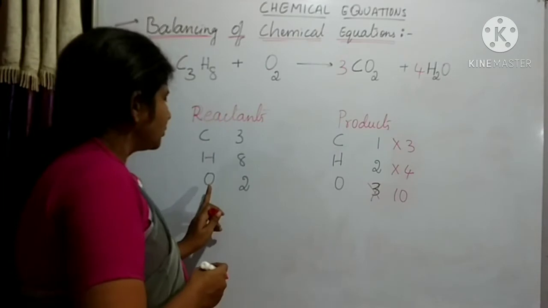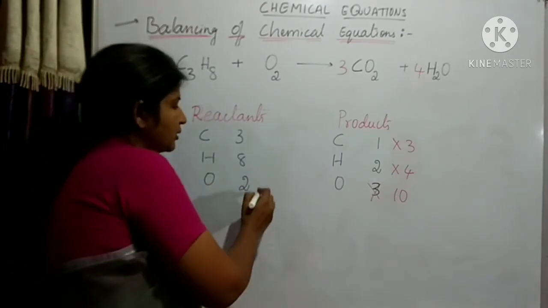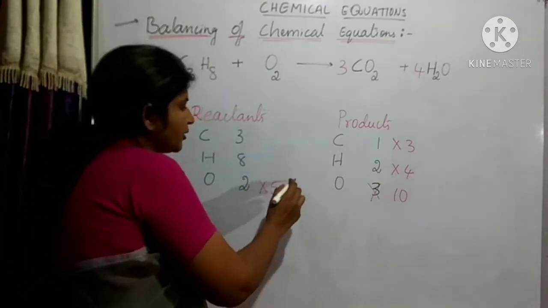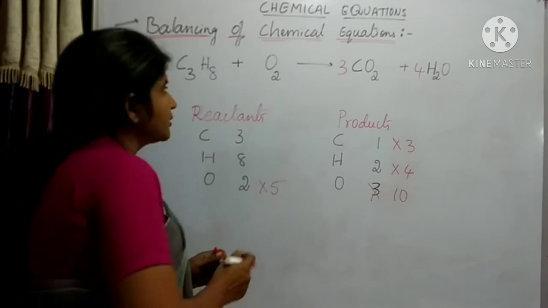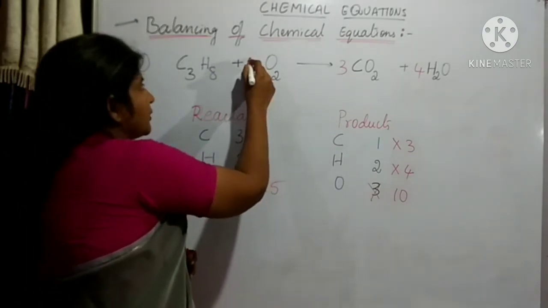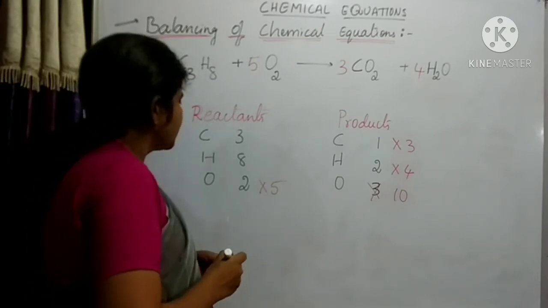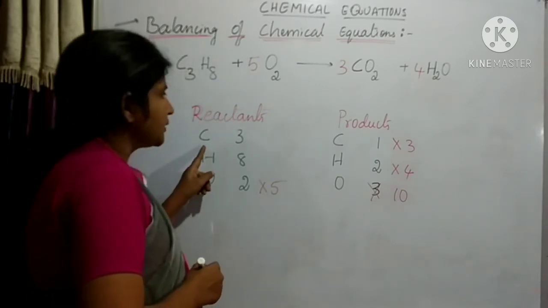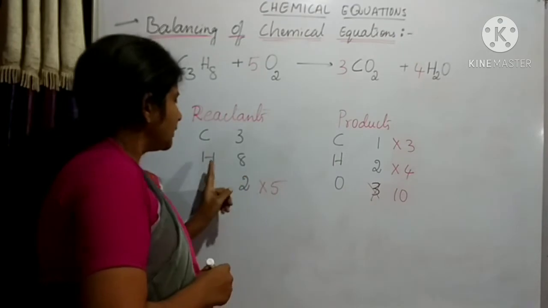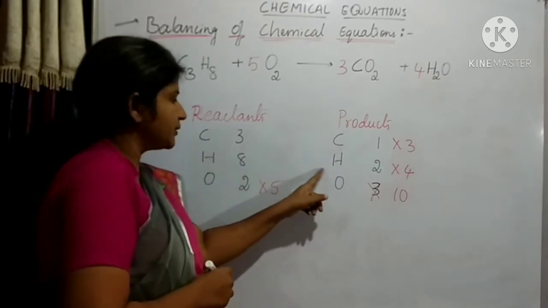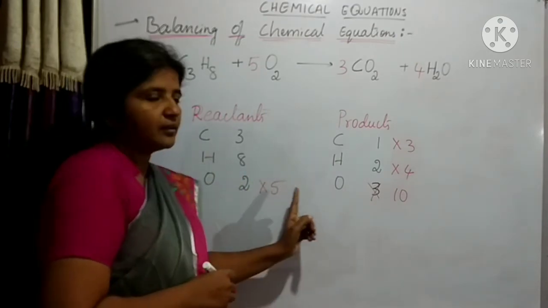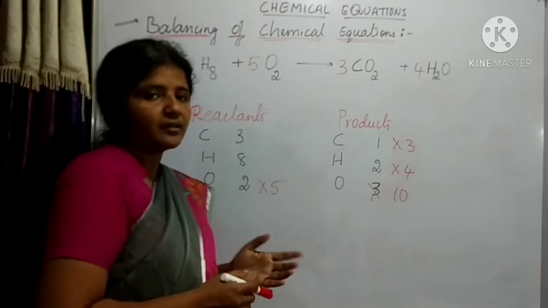Now on the reactant side only 2, so just multiply with 5. Now check the number of carbons, hydrogens and oxygens: carbons 3, 3, hydrogens 8, 8, oxygens 10, 10. So it is in a balanced state.